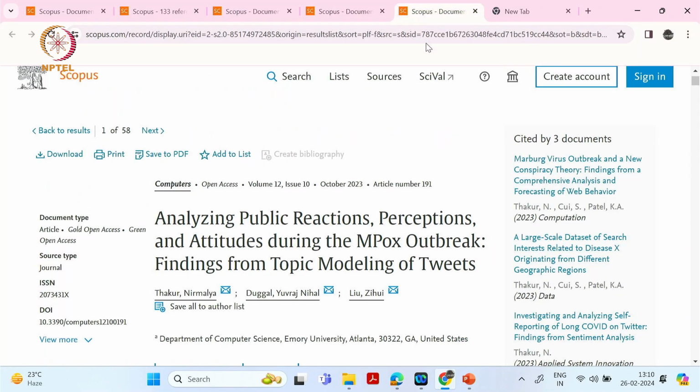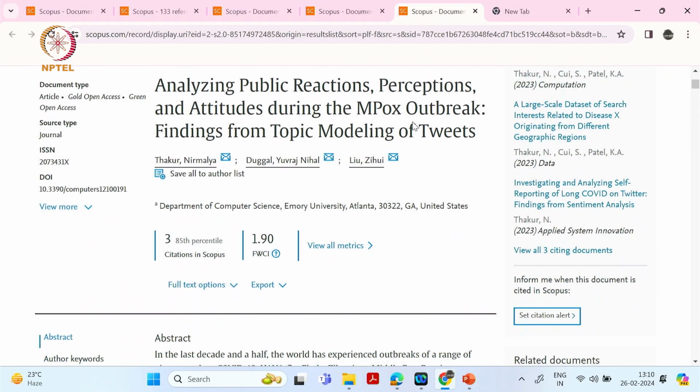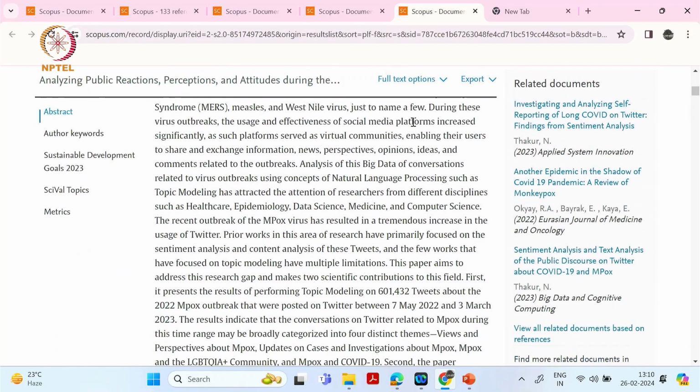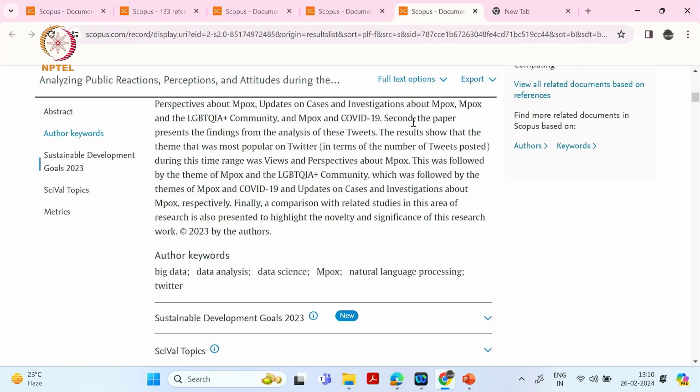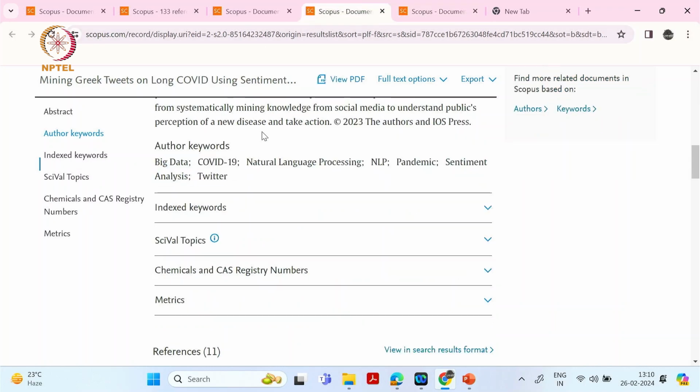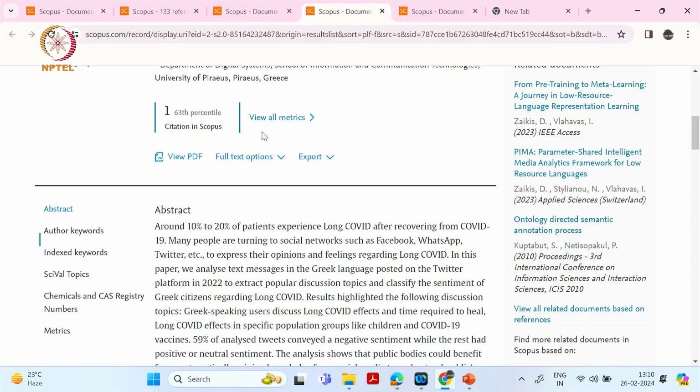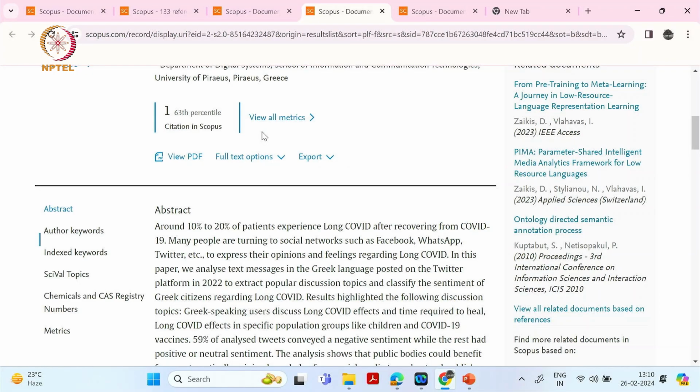Then if we go here, we can see there is another pair of words, the same words big data and Twitter, mentioned here. Based on this analysis, we can conclude that these two papers are related to big data analytics of Twitter data. So this is how keyword analysis helps in understanding the research topic of a particular document.